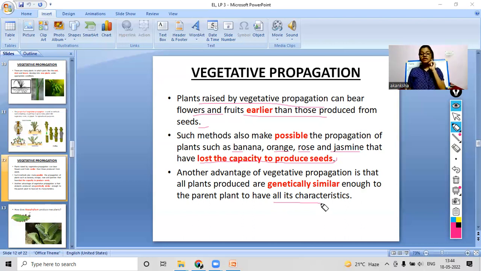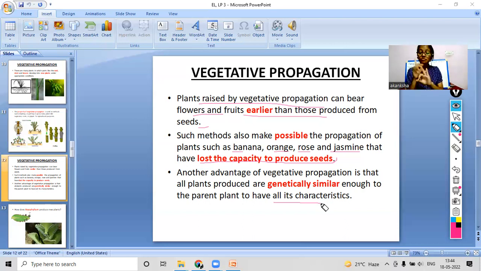First, plants grow earlier with this process. Second, some plants have lost the capacity to produce seeds, so they also grow with the help of vegetative propagation.